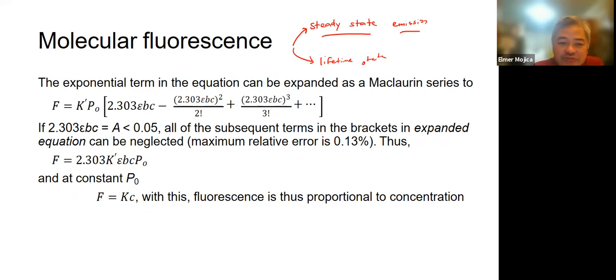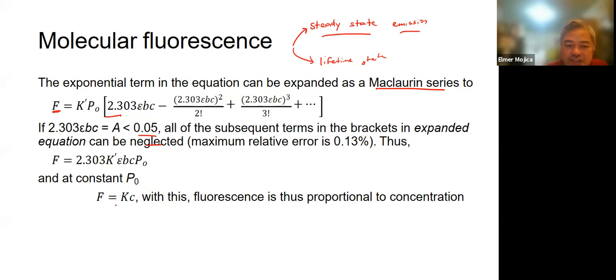Okay? And if we're going to look at the exponential form of this power of fluorescence, it can be expressed by the Maclaurin series. And it's just like this one. Okay? If 2.303 times the molar absorptivity times path length times concentration, that is, the absorbance, is less than 0.05, all of the subsequent terms in the bracket in the expanded expression can be neglected.